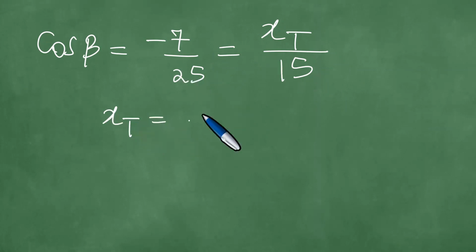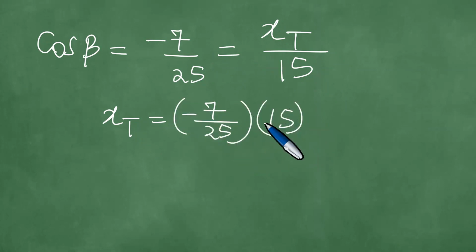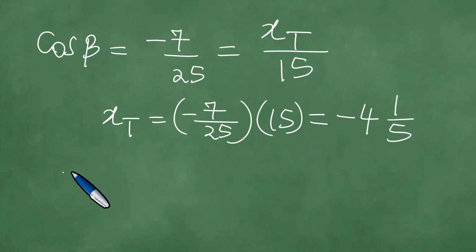So you cross multiply here, minus 7 out of 25 times 15. So, which is minus 4, remainder 1 out of 5.